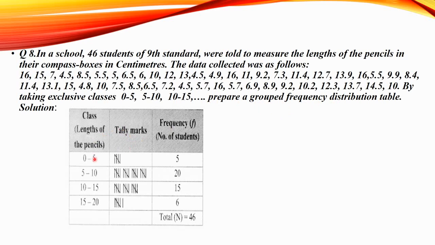So 0 to 5, we got 5 students. 5 to 10, we got 20 students. 10 to 15, we got 15 students. And 15 to 20, we got 6 students. Total 5 plus 20 plus 15 plus 6 is 46. So this is the frequency table using tally marks.